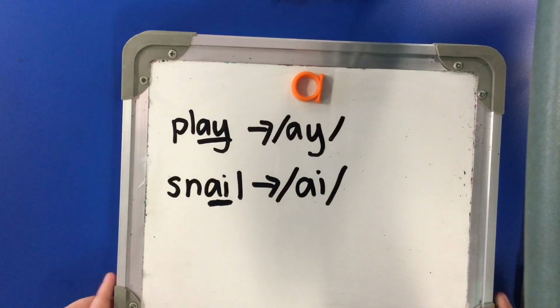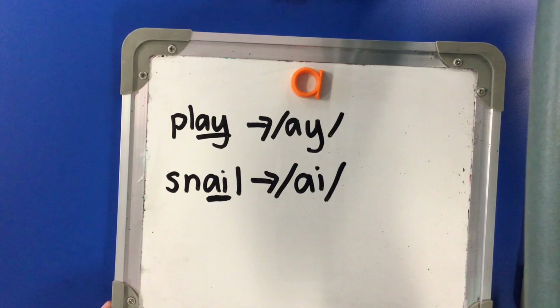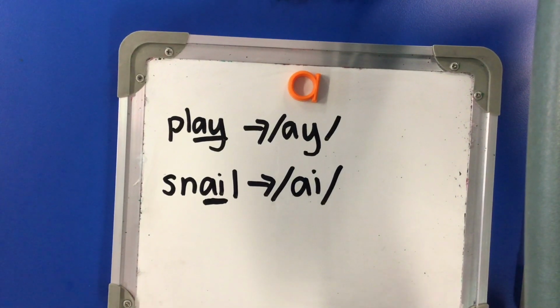If we look back at our play and our snail, you can see A-Y is 2 letters making one long sound, A, and A-I is 2 letters making one sound, A.